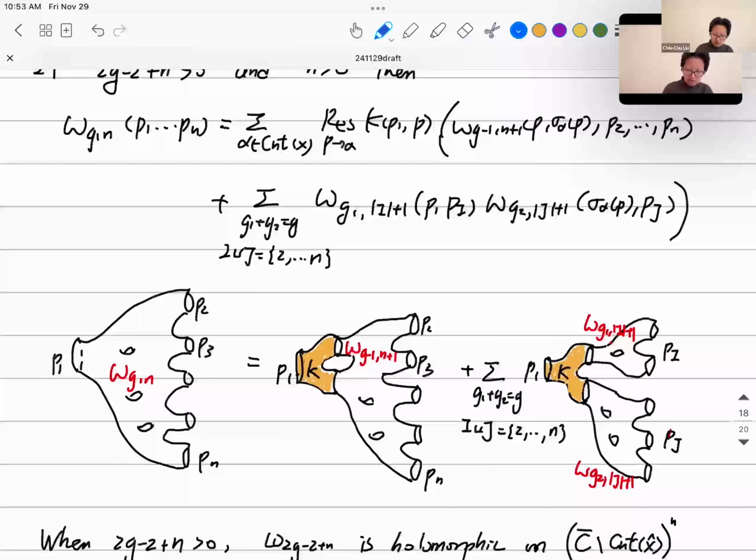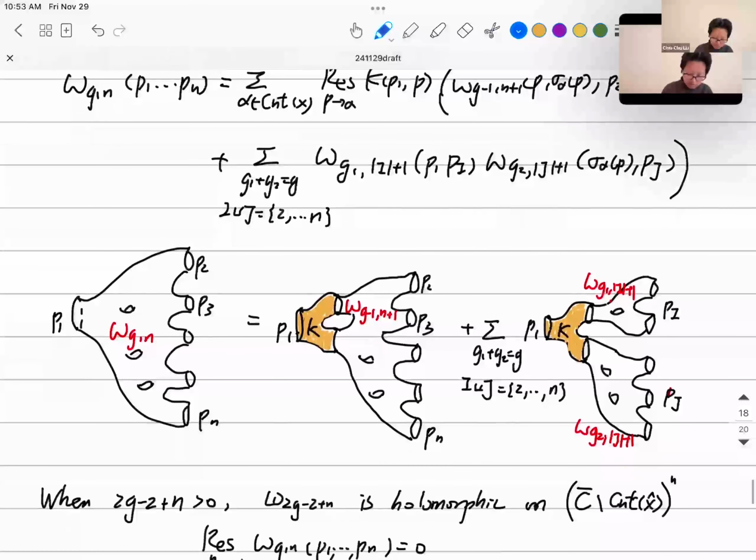And the thing is, the right-hand side involves g,n such that it will decrease 2g minus 2 plus n. So it's an induction on 2g minus 2 plus n.